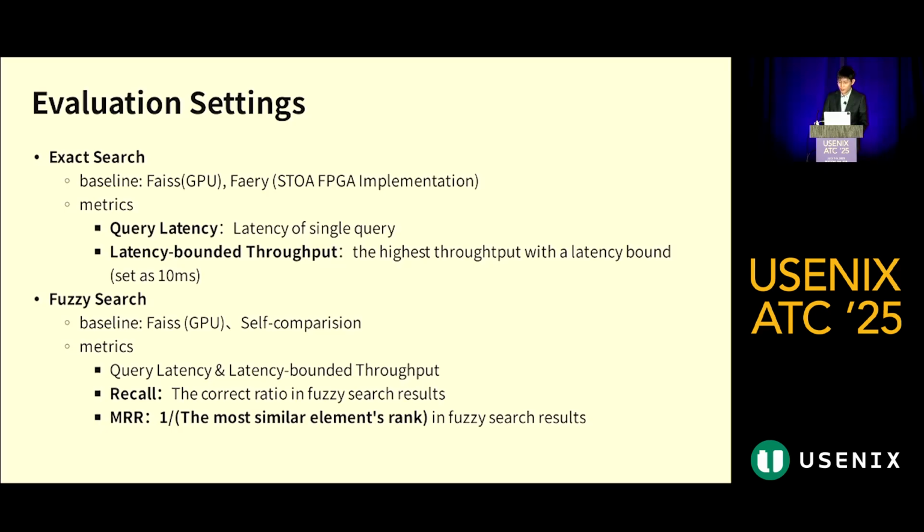For fuzzy search, SNARY additionally uses precision metrics like recall, which means the correct ratio in the fuzzy search result, and MRR, which means 1 over the rank of the most similar element.